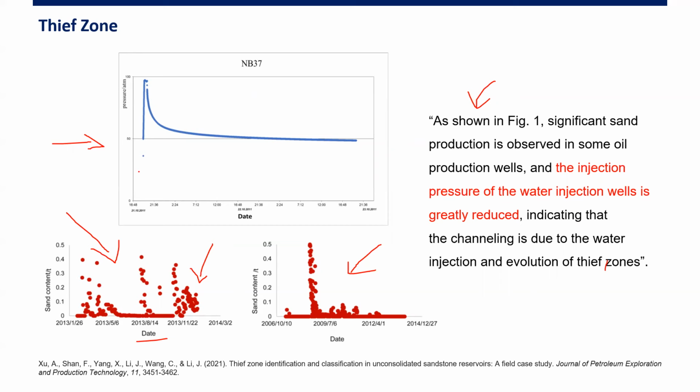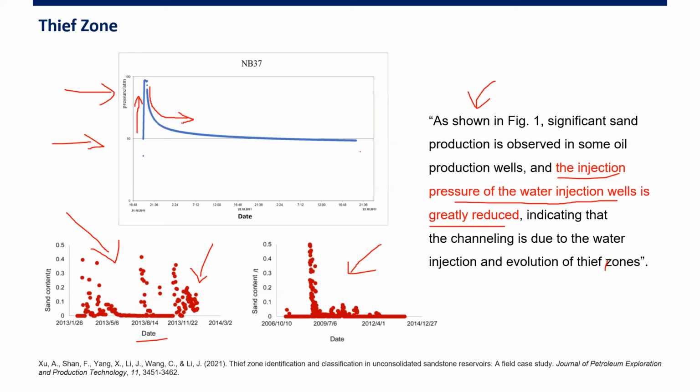And the second, which is very connected with the sand production, is this one. The injection pressure of the water injection well is greatly reduced. Here we have on the vertical axis the injection pressure, and on the horizontal axis the time. We have initially high injection pressure, but later on the injection pressure is greatly reduced. Why? Because now the water finds the TIF zone.